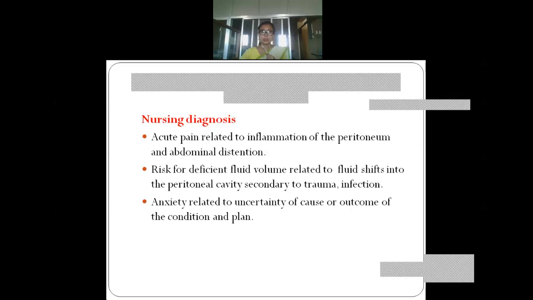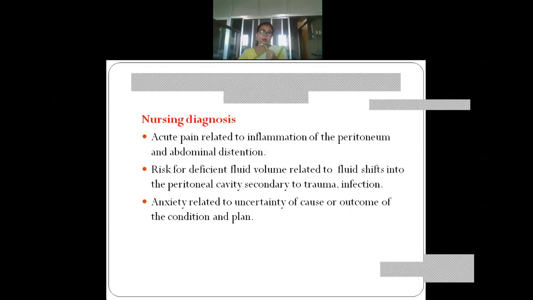Then after assessing the level of pain, assist the patient in providing a comfortable position, then provide a quiet environment, provide back massage, and administer the prescribed analgesic like paracetamol, tramadol, and so on. After doing all this, you reassess the pain again. So these are some of the interventions to reduce the pain.